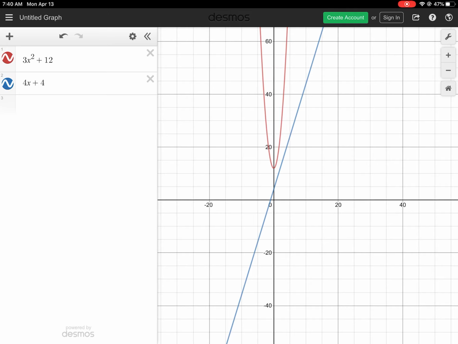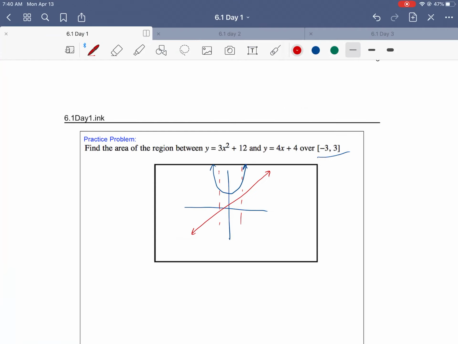So the graph basically looks like that. There's not points of intersection anywhere on this parabola and this line. It's just important to know that the y-intercept of the parabola is up at 12. The y-intercept of the line is down at 4. That is what dictates the above and the below.